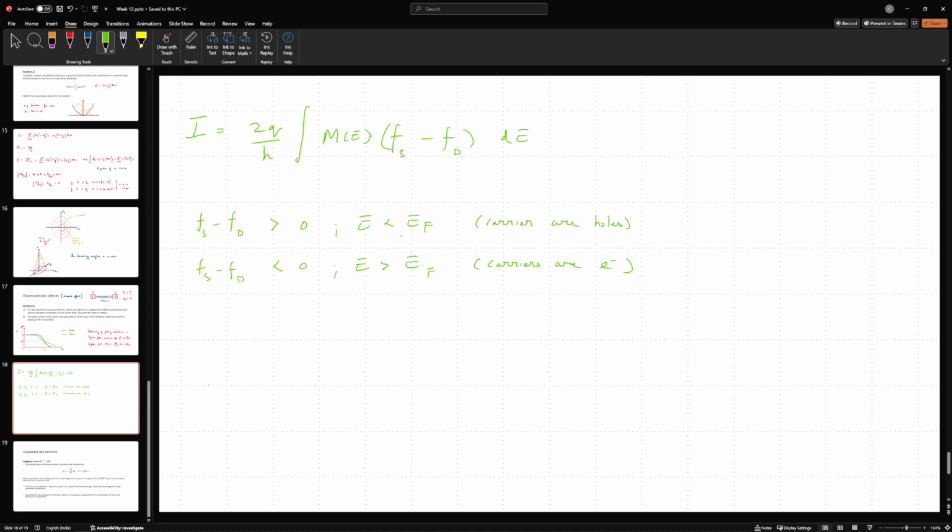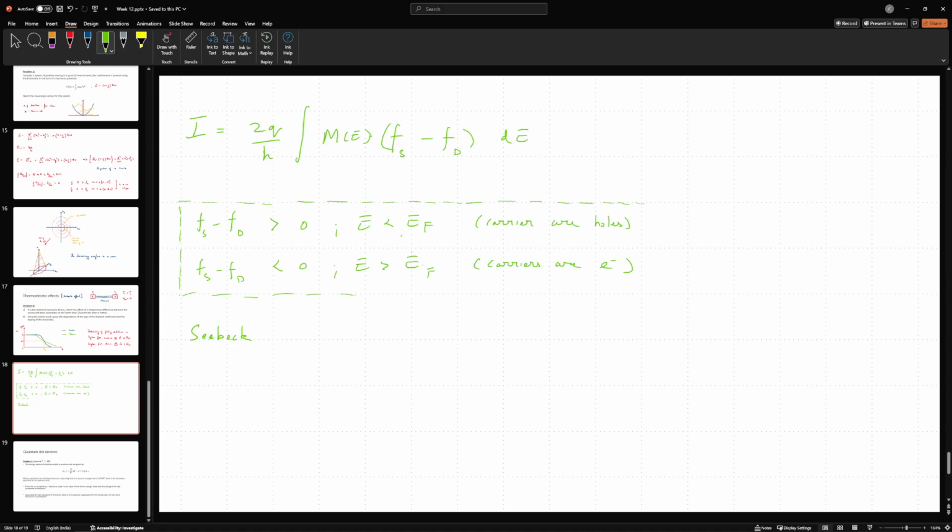So this is the whole point of what is known as the Seebeck effect. So we can define a Seebeck coefficient. Increasing the temperature will make this value larger and larger, and therefore I will have a higher and higher current.